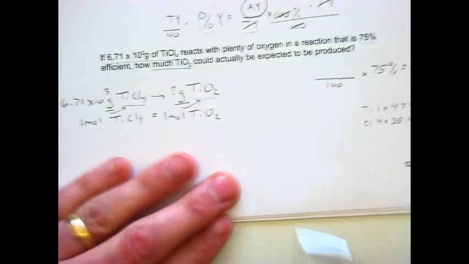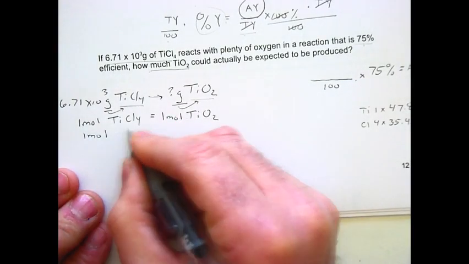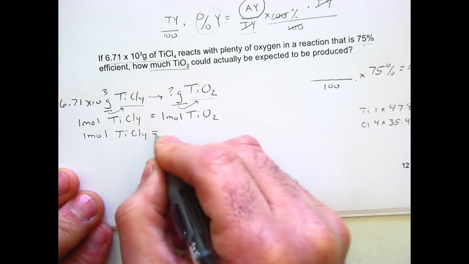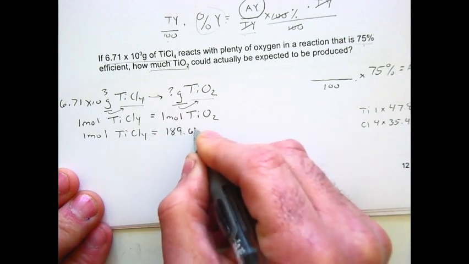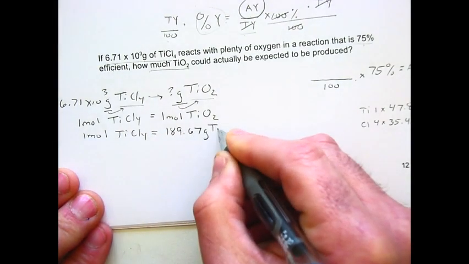We get a total of 189.67. So we have 1 mole of titanium(IV) chloride is equal to 189.67 grams of titanium(IV) chloride.